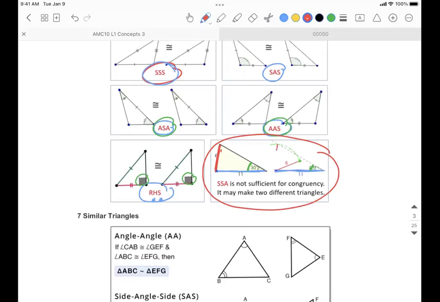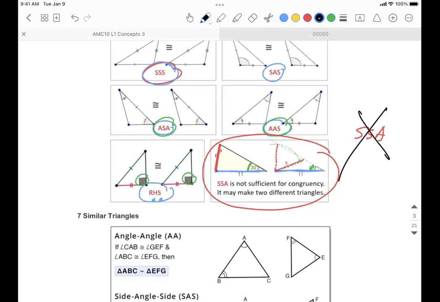One is a triangle here or a triangle here. So of course, these two triangles are not the same. One is an acute triangle, one is an obtuse triangle. So that being said, you won't be able to find two exactly same triangles using SSA. This is not an effective determination rule.